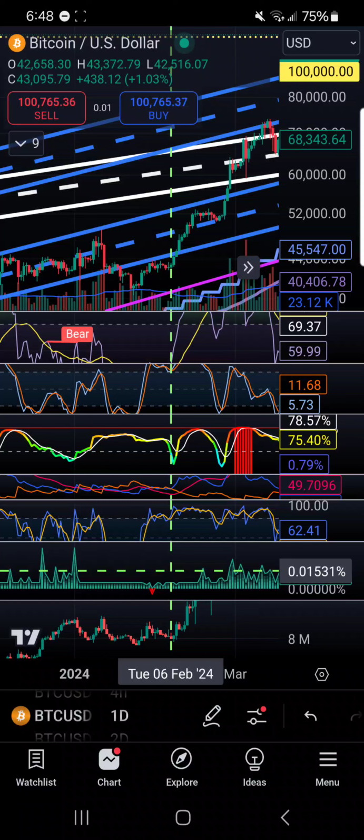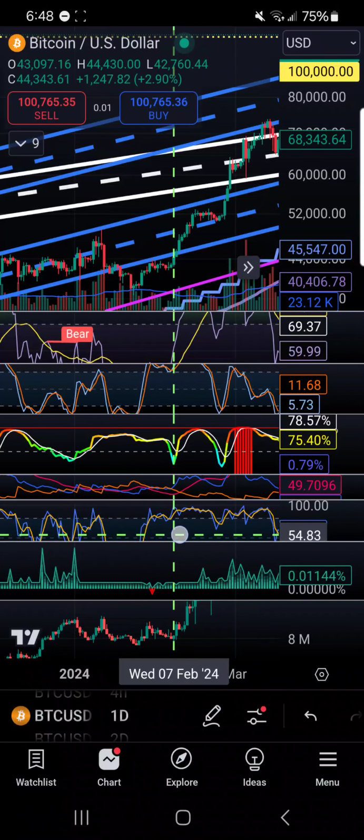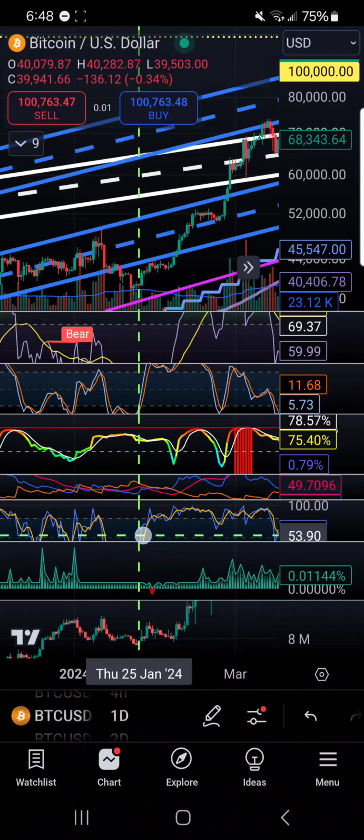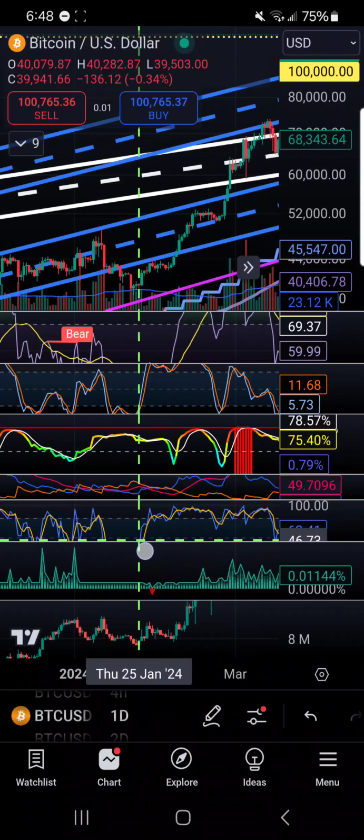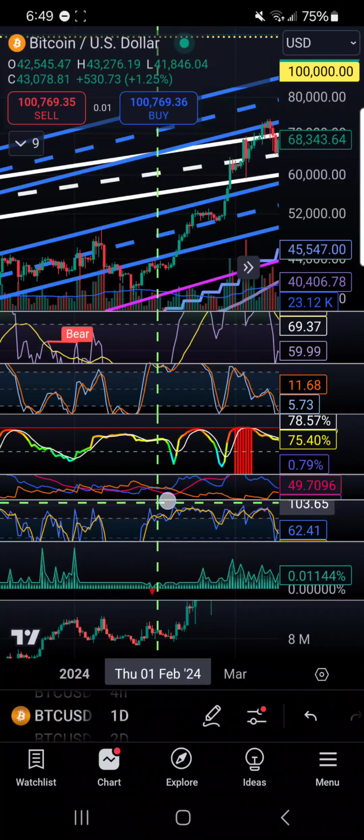Anyway, here we are around the 6th of February, or even here on the 24th of January. Open interest is falling off here at the bottom before we started this pump upwards.